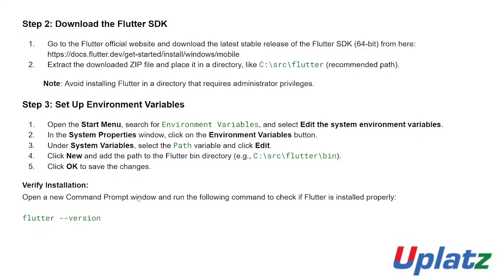Step 2. Download the Flutter SDK. Go to the Flutter official website and download the latest stable release for the Flutter SDK, that is 64-bit, from here: https://docs.flutter.dev/get-started/install/windows/mobile.